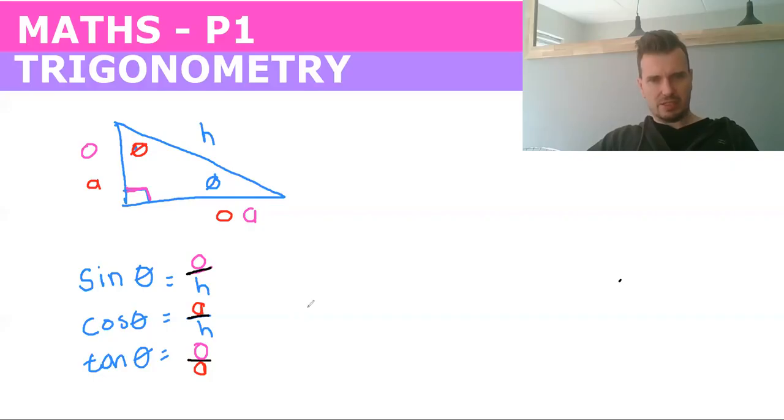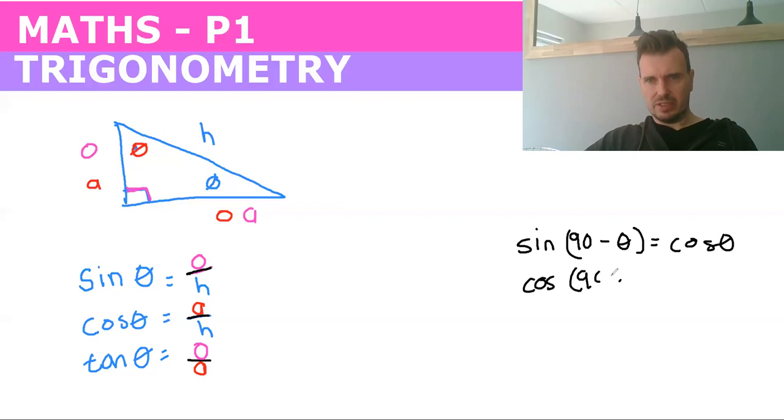And so that's where we get the next part, which is sine 90 minus theta equals cos theta. And cos 90 minus theta equals sine theta. So that's where this comes from, from the fact that your opposite and adjacent depend on the angle, and these are complementary angles, meaning they add up to 90 degrees.